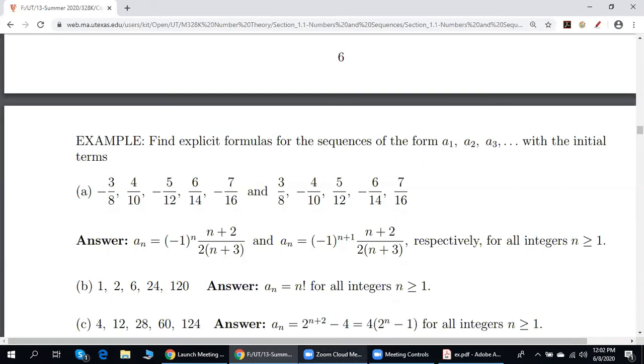Okay, what you are saying is the following. Next term is previous term times 2 plus 4. So 28 is 12 times 2 plus 4. 60 is 28 times 2 plus 4, and so on.